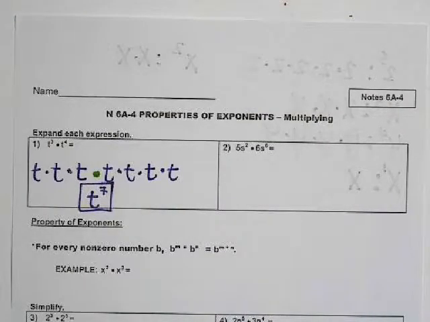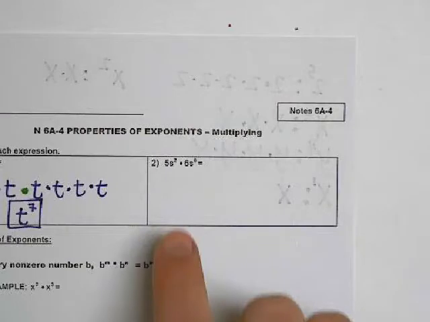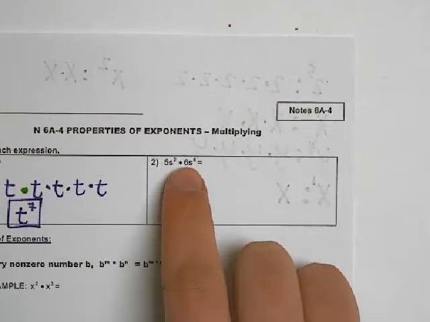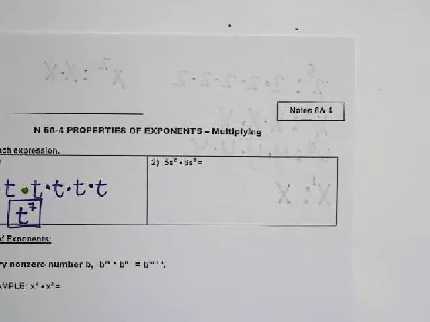Okay, let's look at number 2. But then there's more. Exactly. Okay, look at example 2. Now, what's different? Variable. It's got a big number. Okay. Now, my big numbers are 5 and 6. What are those big numbers called?